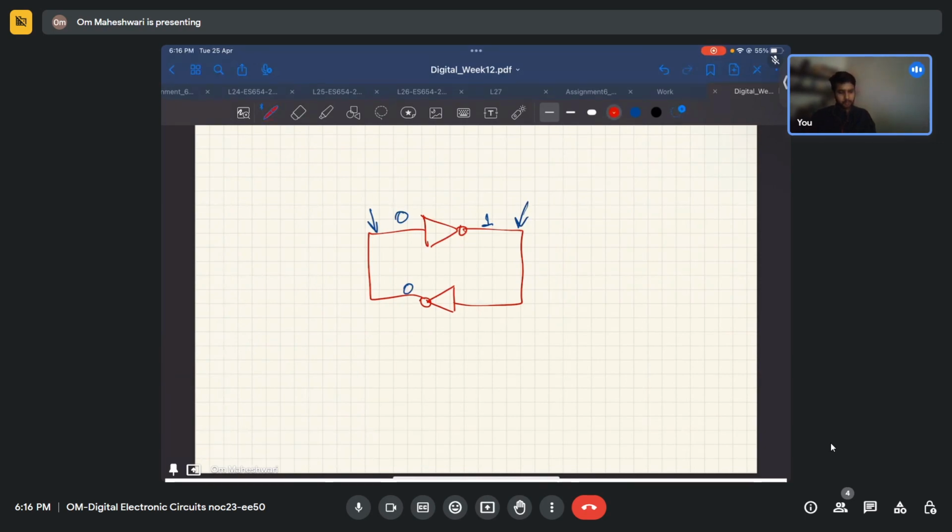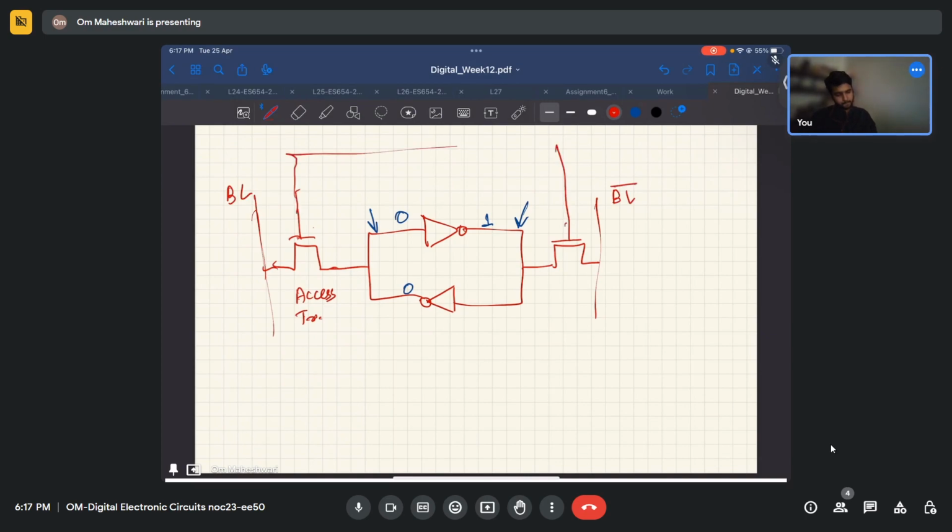Now to access this memory, we connect two transistors. These are the two access transistors, which are there for read and write operations, and they are connected to the bit line and word line. How many transistors do we have? In an inverter, we know there are two transistors.